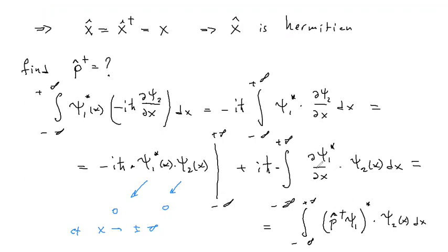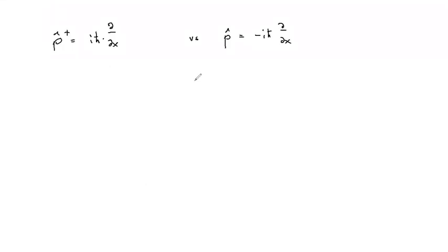Does everyone agree that this iħ will be just a constant? Look, I put brackets here and I put conjugation. The correct answer is minus iħ, because then an integral minus iħ dψ1 over dx and then conjugated, multiplied by ψ2.